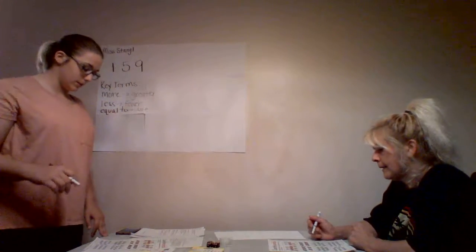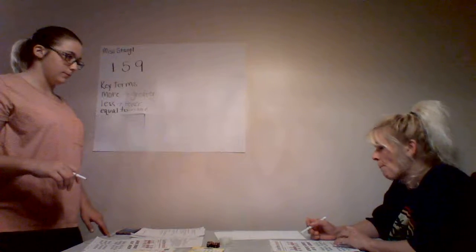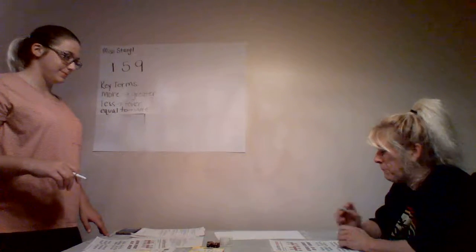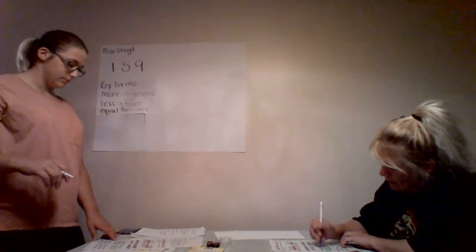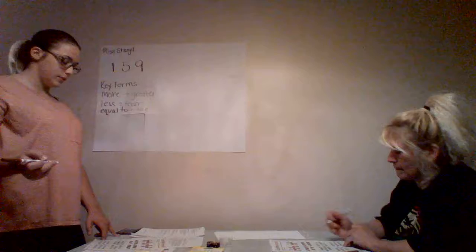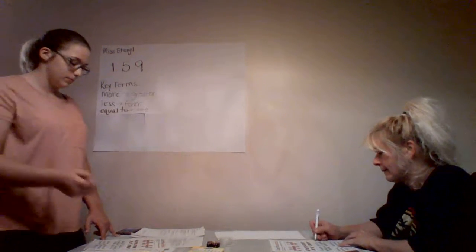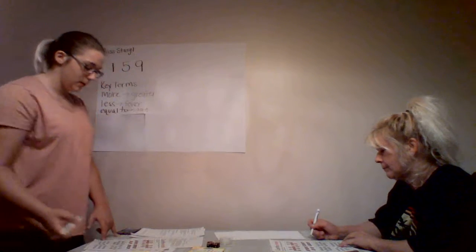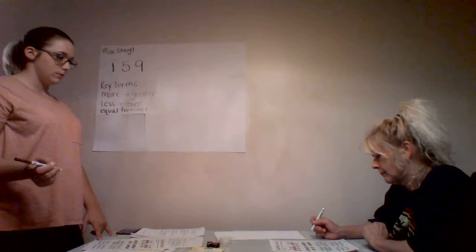Alright, this one's a little bit trickier. It says to circle it. Alright, in the first column of birds, how many birds are there? 10. Okay. And then how many birds are in the second column? 9. Alright, this one's a tricky one. Which one is more, 9 or 10? 10.